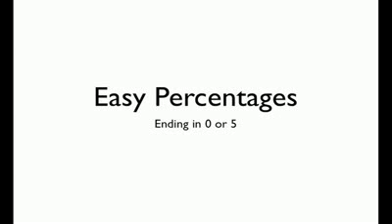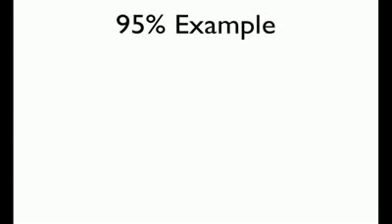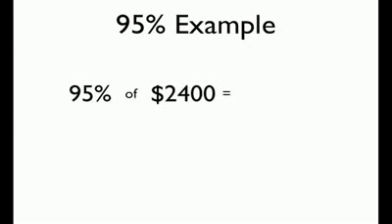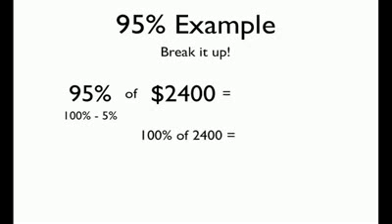Let's start off by doing some easy percentages. I consider the easy ones to be anything ending in 0 or 5. 95% is one example of these. To solve 95% of 2400, we're going to break 95% into two parts. 100% minus 5%. 100% of 2400 doesn't change. It's still 2400.